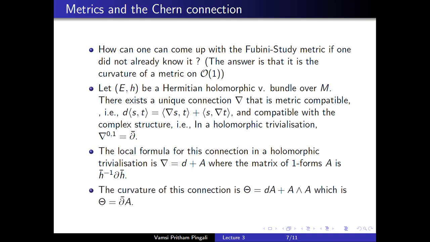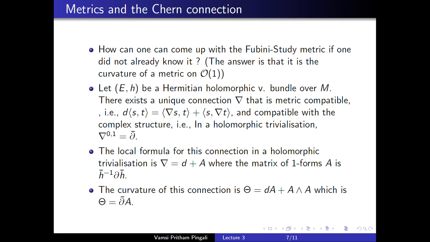Now I assume you know what curvature means. If you don't, you have to read it up. It'll take me too far afield to define what curvature is, but as far as you're concerned, if this is the first time you're seeing these things, A is locally a matrix of 1 forms, so take dA plus A wedge A, it's locally a matrix of 2 forms, right?